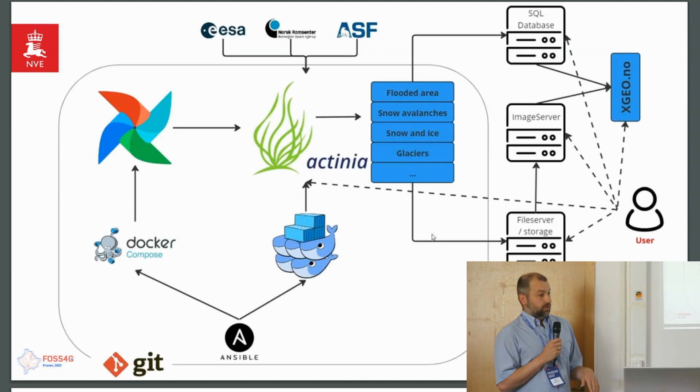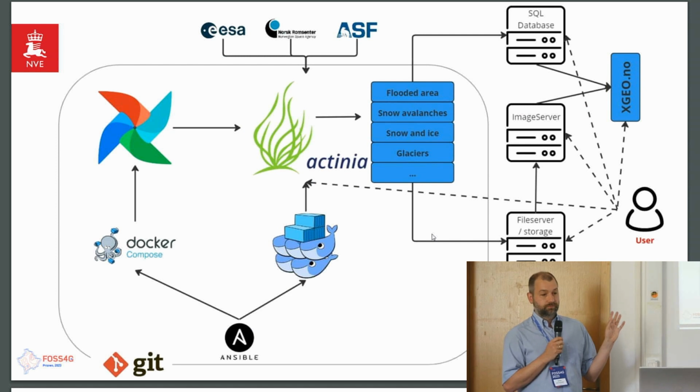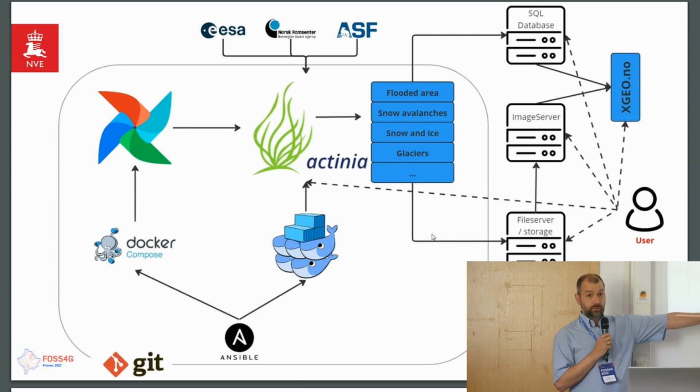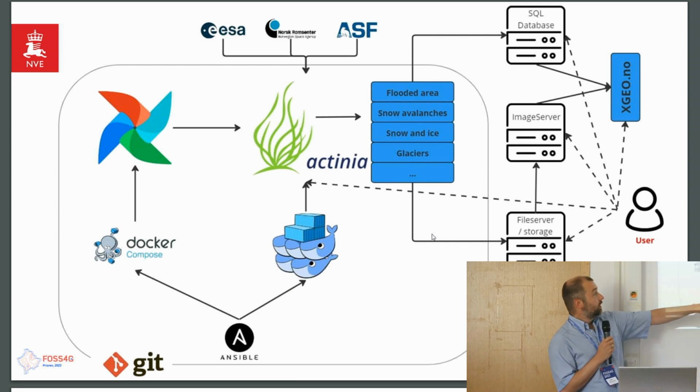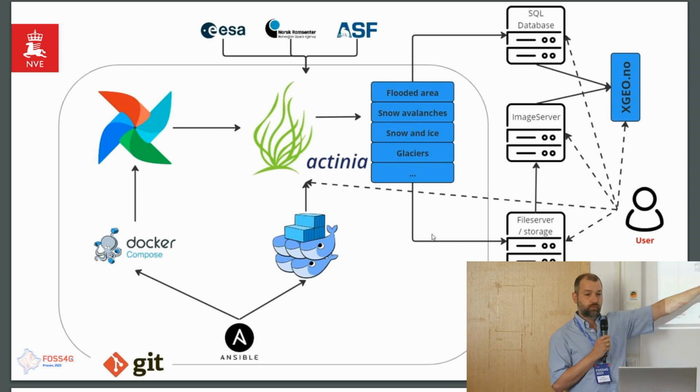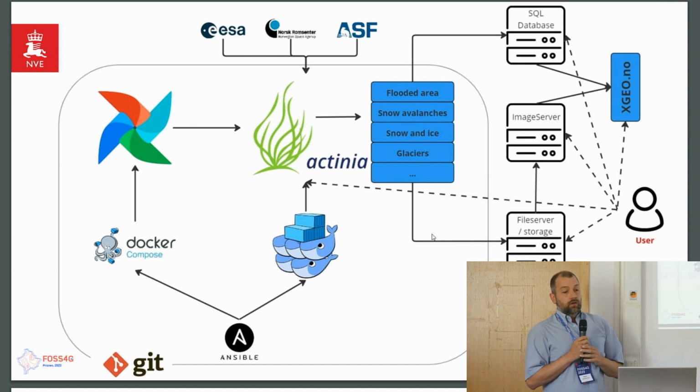This is the overarching concept figure of the platform. So we use Ansible playbooks to set up the servers, and we use Docker Compose to deploy Apache Airflow and Docker Swarm to have a scalable setup of Actinia.